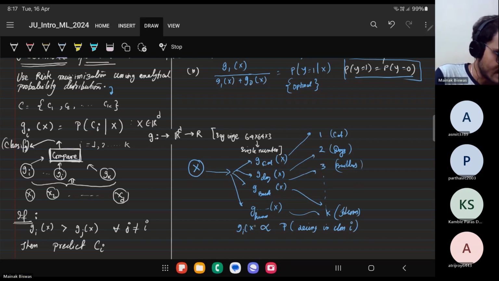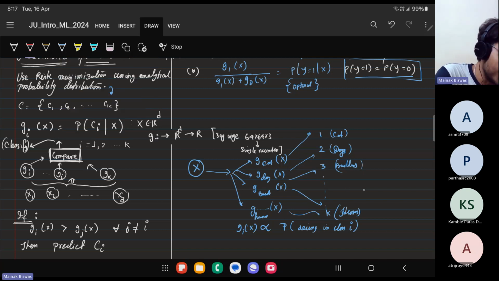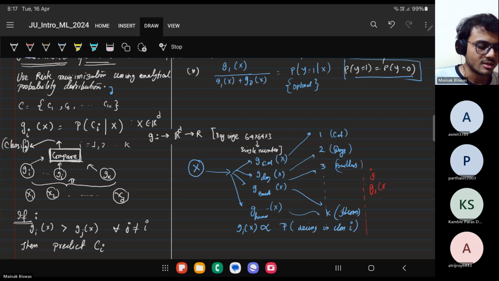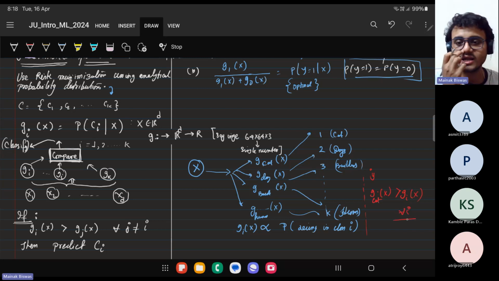If they are all proportional to the same thing, then I can say, taking a concrete example, if g cat of x is greater than g i of x for all i, then what decision can I take?